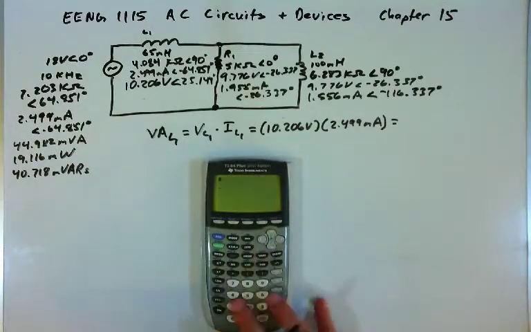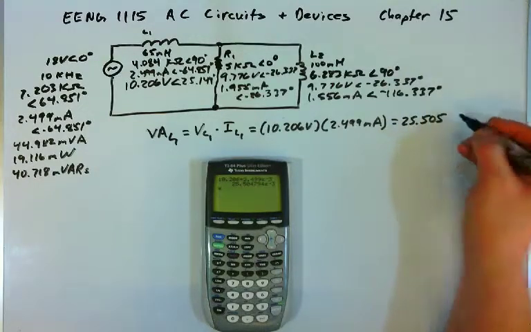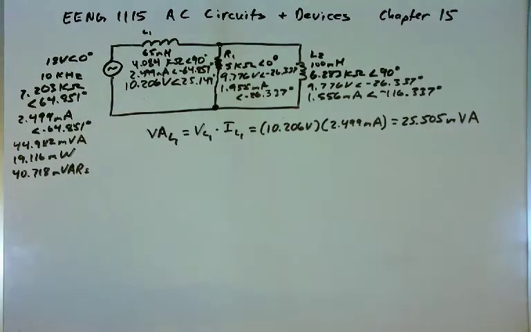And so we get 10.206 times 2.499 milli, and we get 25.505 milli volt amps.